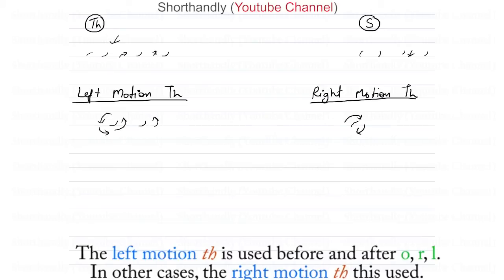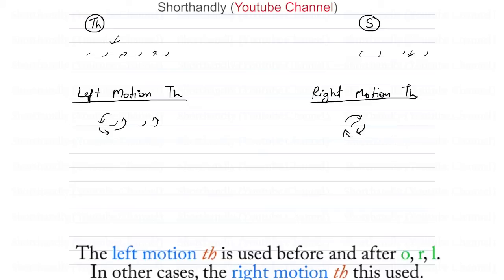Now let's read the statement again. It says, the left motion it is used before and after ORL. It's simply saying that whenever we have this O, R or L in any word, we are going to be using this left motion it.